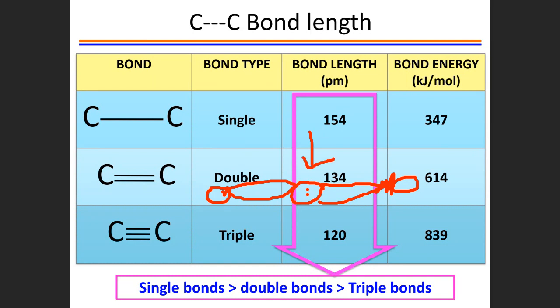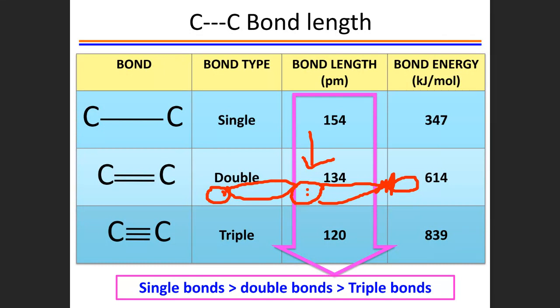So the affinity of the electron towards the nuclei of the two or more elements determines the length and energy. By this, we find that for the single bond the length is high, and as the number of bonds increases, their affinity also changes.